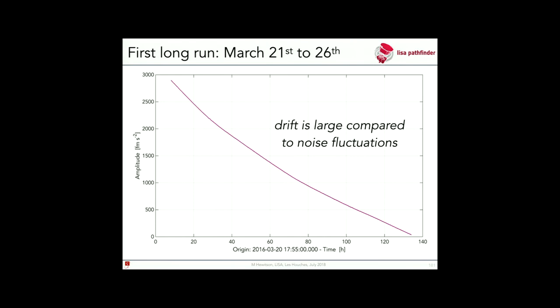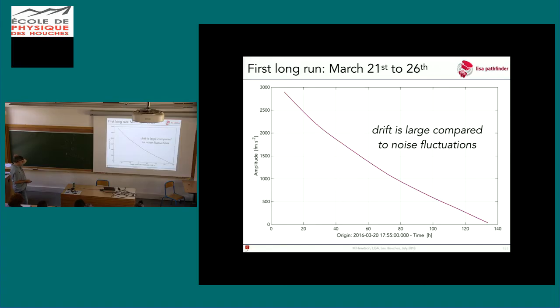Okay, come back to this drift. This is a slightly different scale now, in femtometers per second squared, but you can still see this is our full measurement here. This is our delta G, our residual acceleration measurement. You can see it's very quiet. You can't see the noise with respect to this drift, but the drift is quite large, okay?